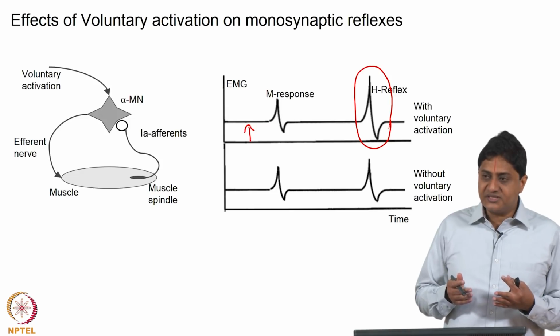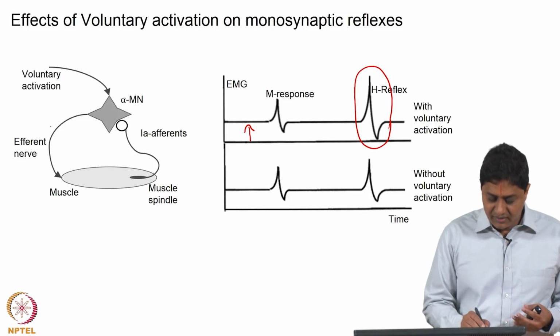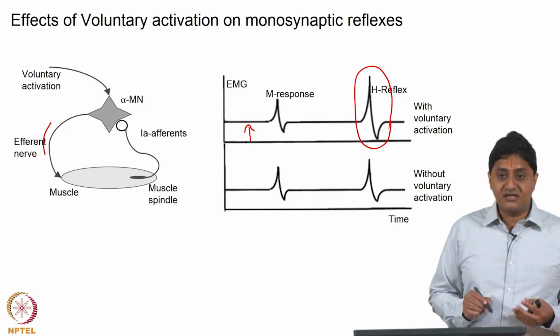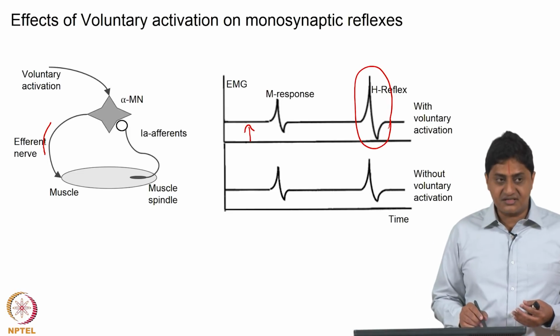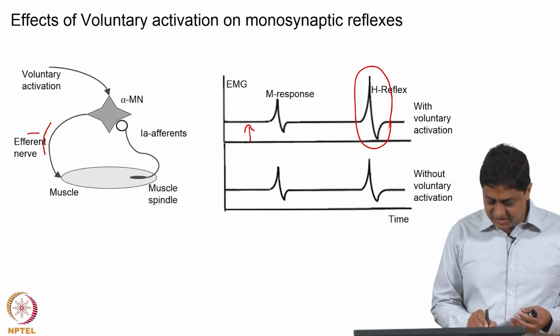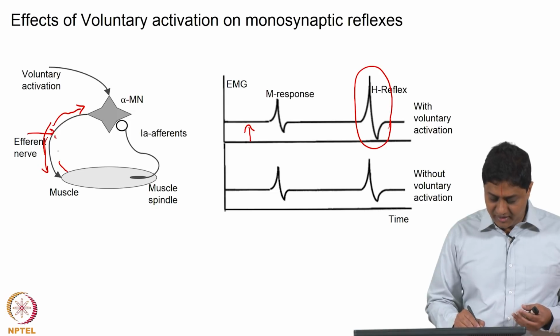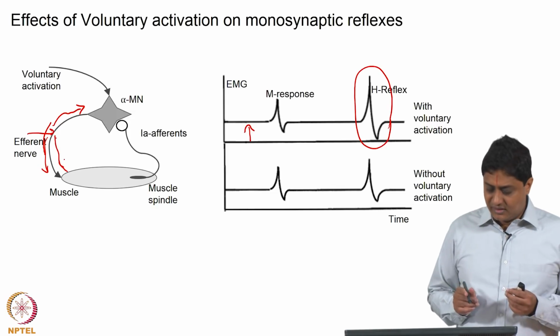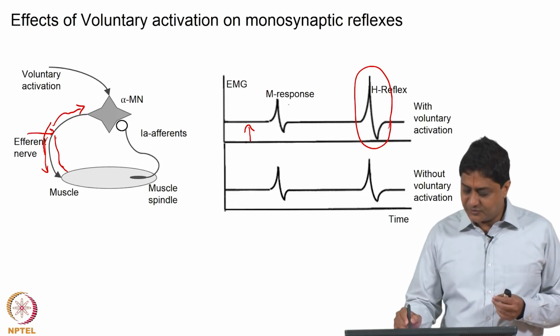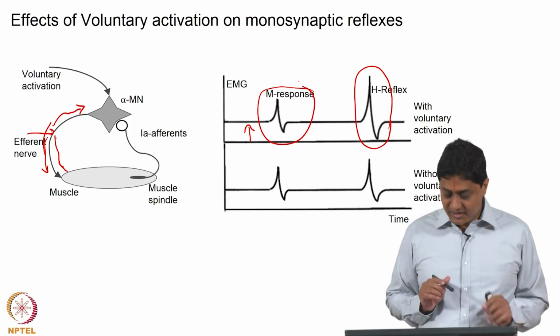After some time, the alpha motor neuron axons start getting recruited, their axons are stimulated, and if the stimulation is given here, the action potential travels in two directions, in that direction as well as in that direction. This distance is shorter, so there is going to be a smaller delay for the muscle response, and that is what you see as the M response here. And this is what we discussed in the previous class.